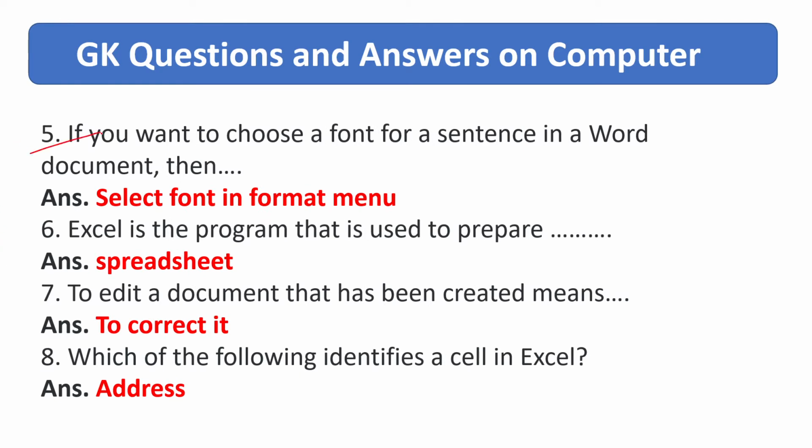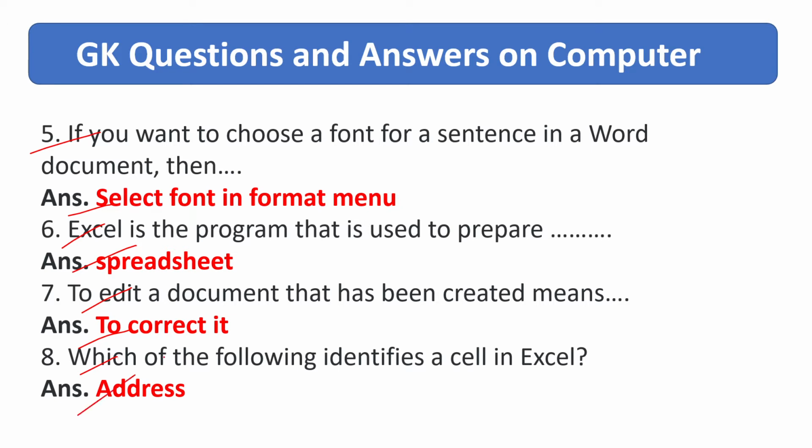If you want to choose a font for a sentence in a Word document, then the answer is select font in format menu. Excel is a program that is used to prepare? Answer is spreadsheet. To edit a document that has been created means? Answer is to correct it. Which of the following identifies a cell in Excel?